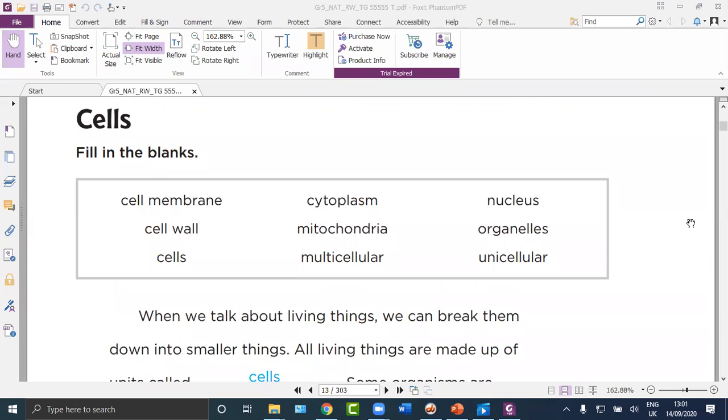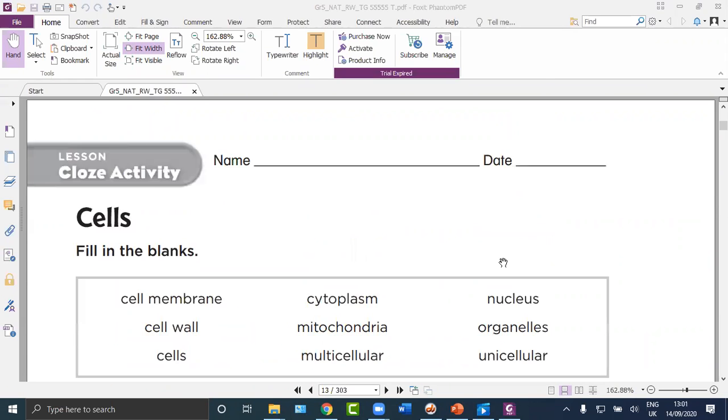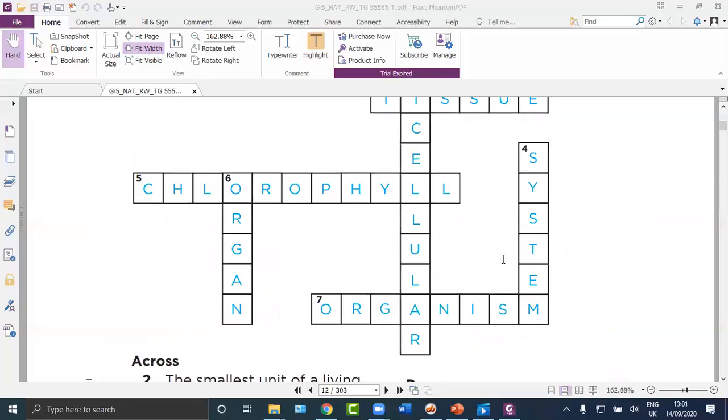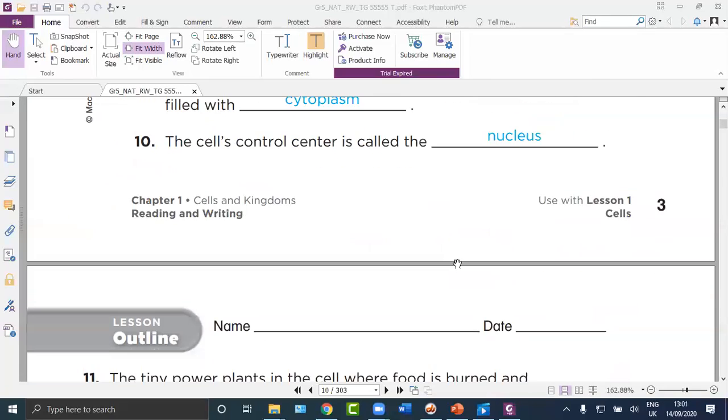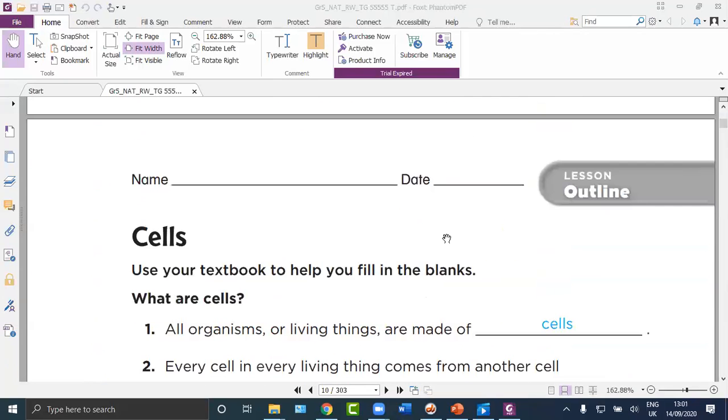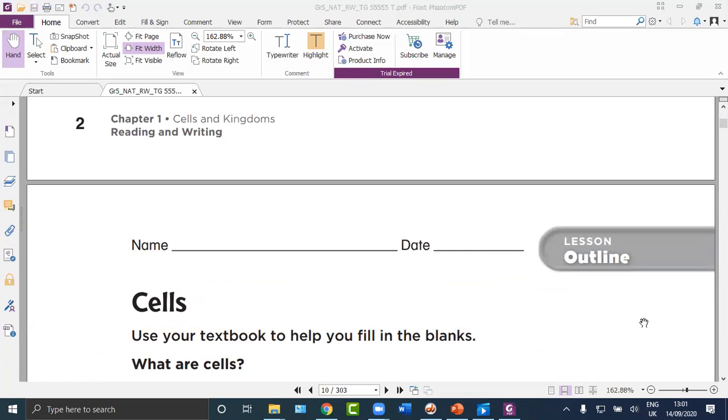Number 1, I will choose someone to read.